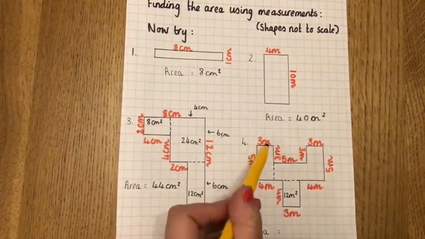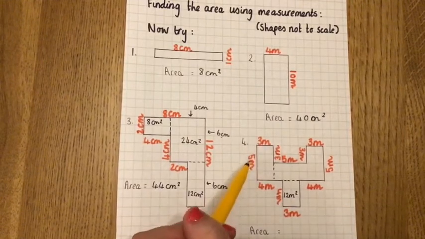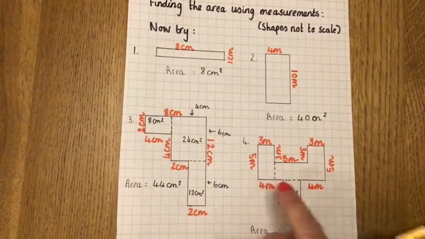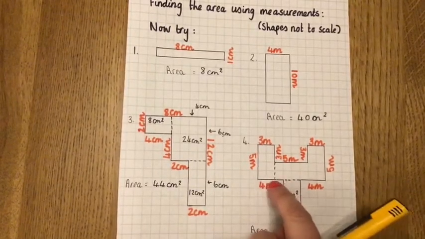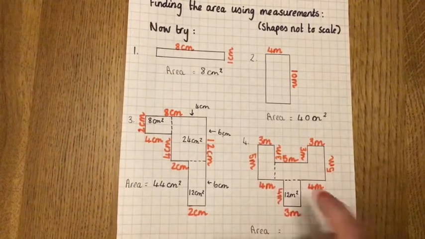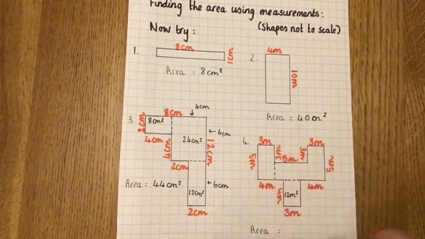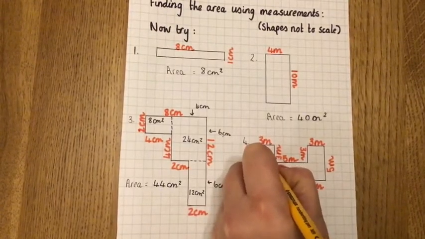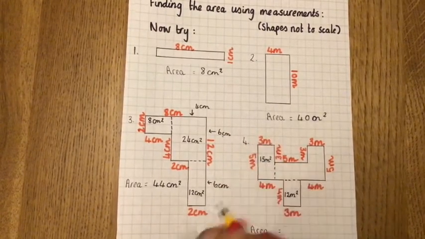Remember not to do 3 by 4 or 5 by 4, because this 4 here is telling me the whole length from here to here, and I only want to know to the dotted line, which is 3. So 5 times 3 is 15 metres squared.